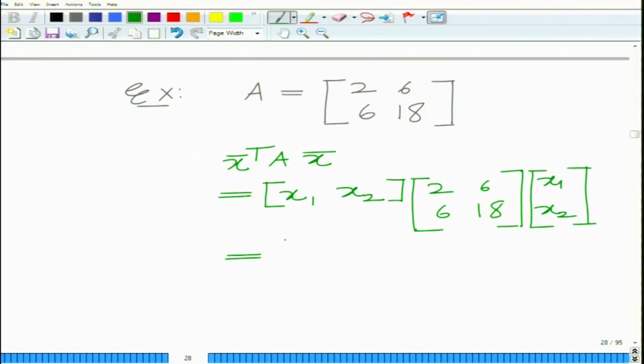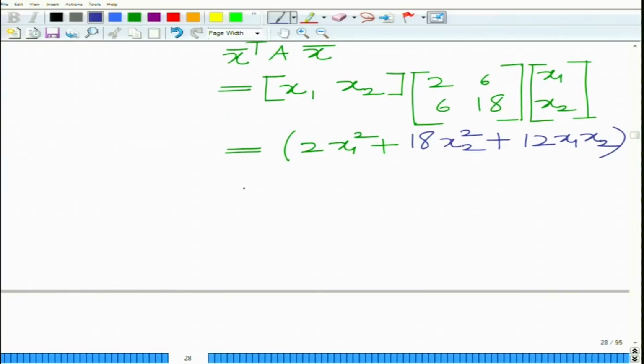and this will be equal to twice x1 squared when you multiply this out, plus 18 x2 squared plus 12 times x1 x2. You can easily check that this equals twice x1 plus 3 times x2, all squared, which is a perfect square, and therefore always greater than or equal to 0.